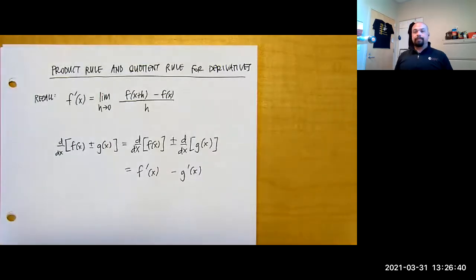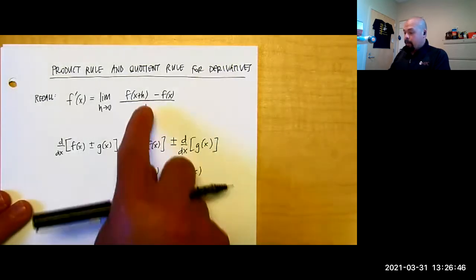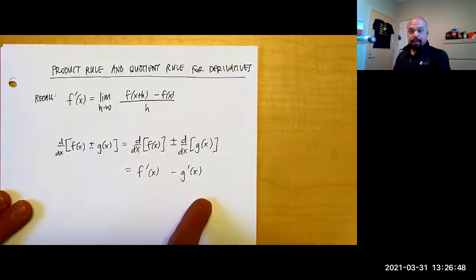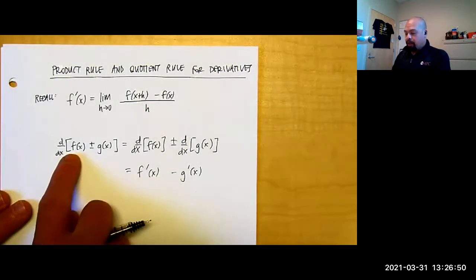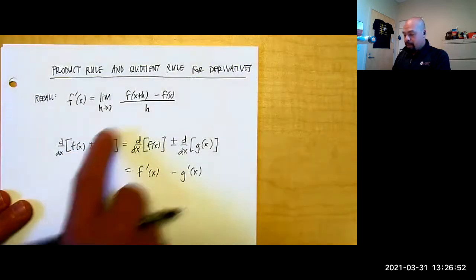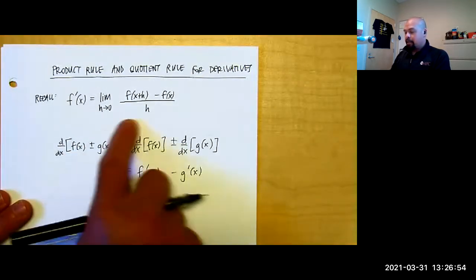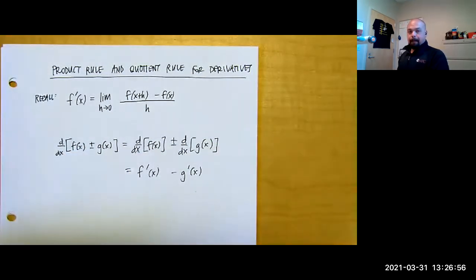So with the power rule and the derivative of the exponential, we can start to go through that work. And again, it's all based on that limit, the fact that we can separate terms in that limit allows us to separate those derivatives, okay?